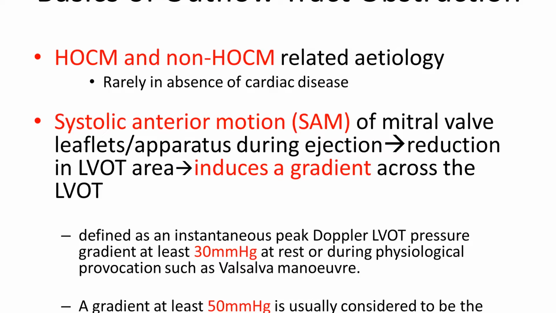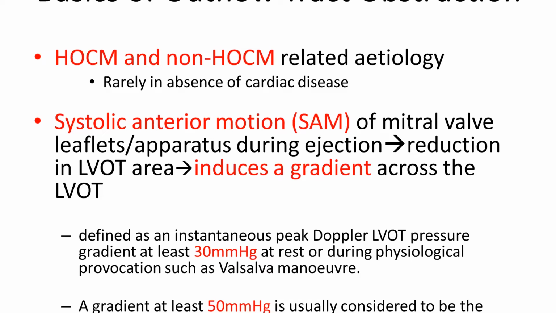The nub of it involves systolic anterior motion, or SAM, of the mitral leaflets or any part of the mitral apparatus, be it the chordae or the papillary muscles, that move forwards towards the septum during ejection, and this reduces the area through which the blood flow is ejecting, which then induces a gradient.